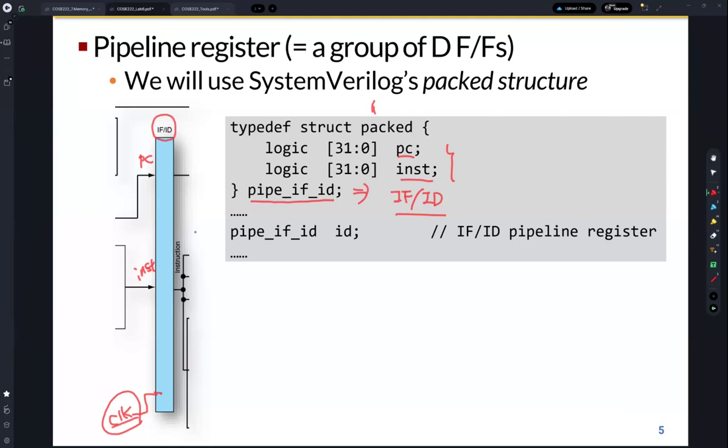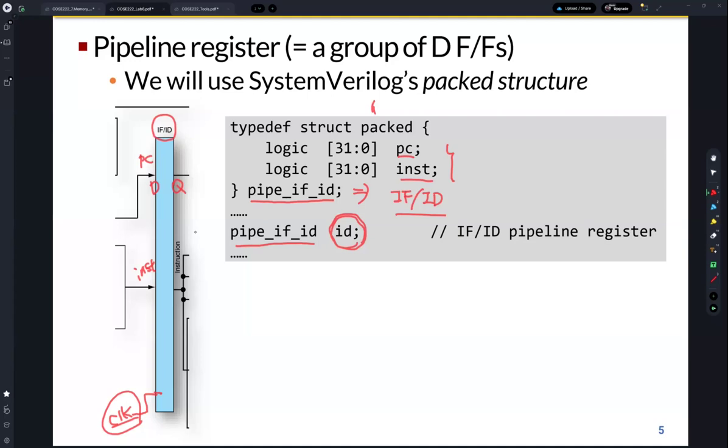And then I declare this pipeline register name is ID. So why? This is the D input, and this is the Q output of the pipeline register. This is the D flip-flop, right?